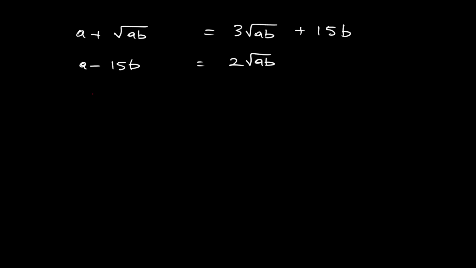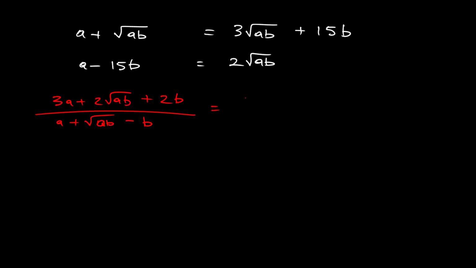So I'm going to rewrite the expression that was given. It was 3a plus 2 root ab plus 2b all over a plus root ab minus b. All right, so let's do our substitutions.